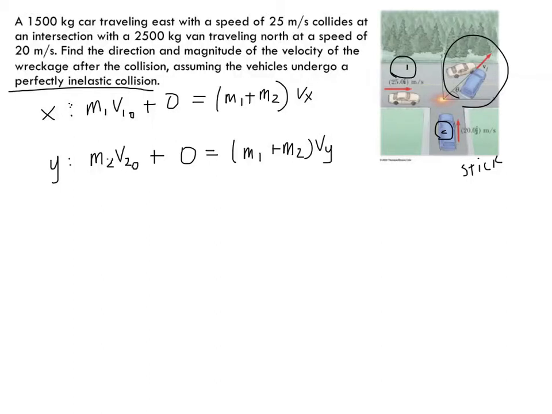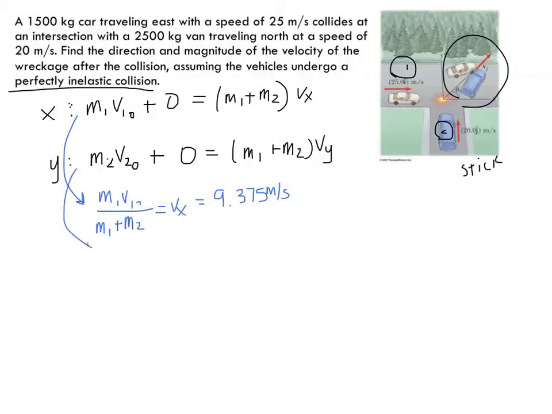For the first one, we can solve for our velocity in the x direction, and that is M1 V1 naught over M1 plus M2 is equal to our velocity in the x direction. When you plug in all of your numbers, you should get a value of 9.375. I'm going to go ahead and carry all those numbers right now.